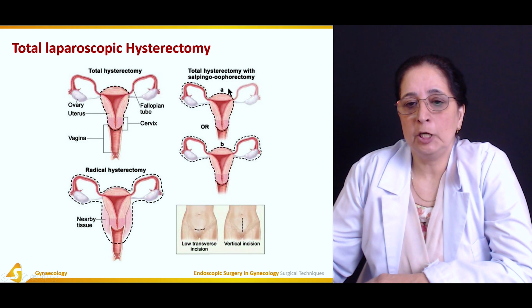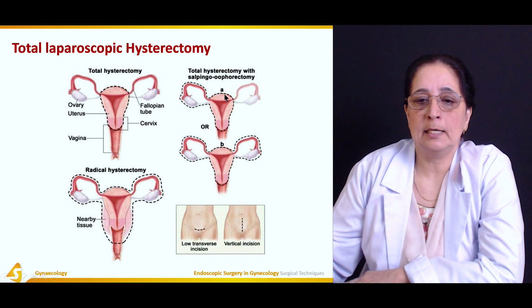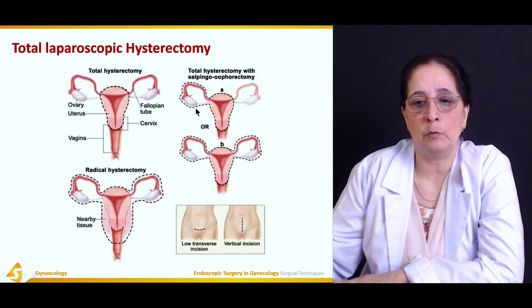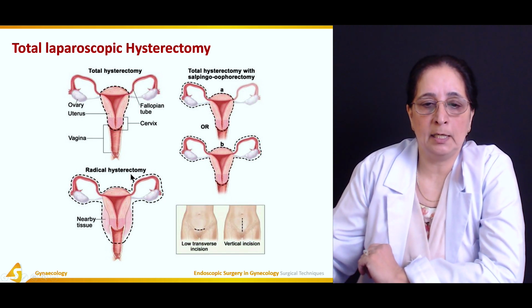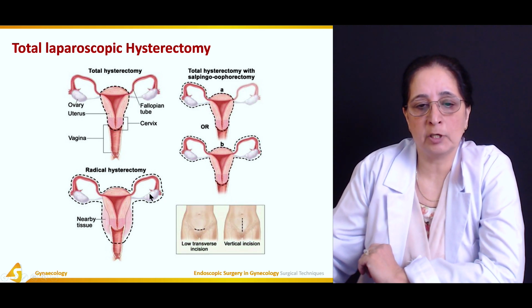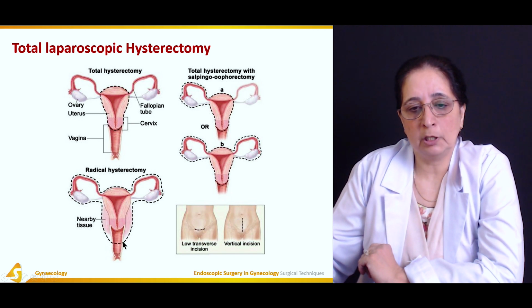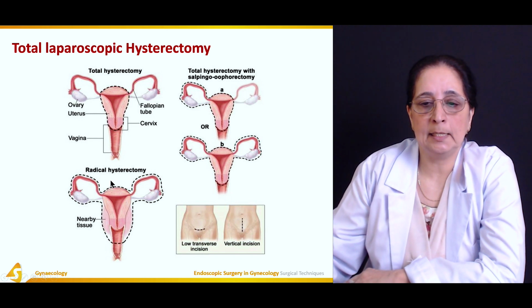Then it can be total hysterectomy with salpingo-oophorectomy, and in this, uterus and ovaries and fallopian tubes all are removed. In radical hysterectomy, again, along with fallopian tubes, ovaries, uterus, this portion of the cervix is also removed. Nearby tissue is also removed. So it's a little more extensive hysterectomy, radical hysterectomy.